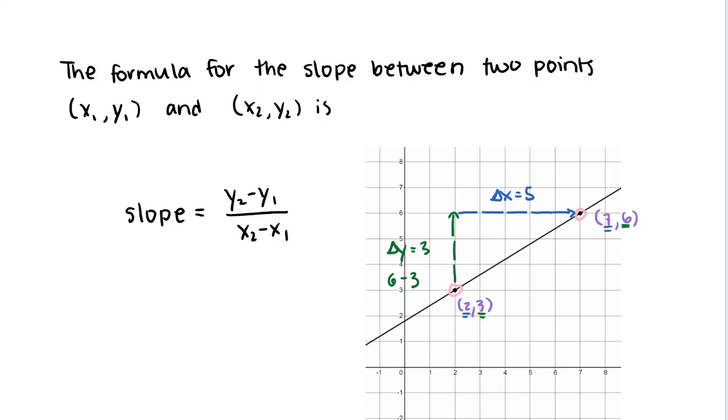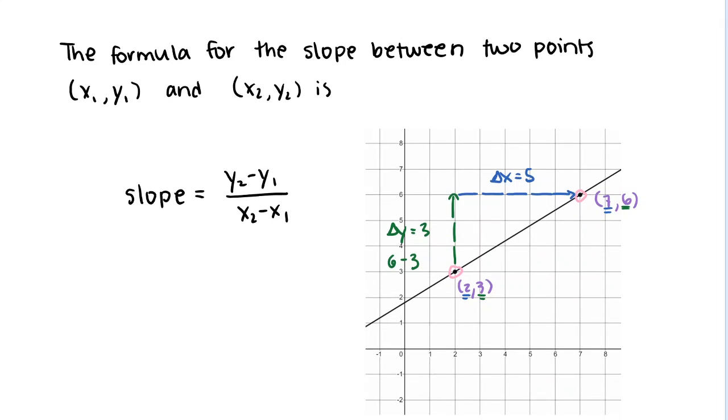And so in general, when we want to compute slope, we're going to need 2 points. Right? One of them is going to have an x value and a y value. And there's going to be a second point with an x value and a y value. And to really distinguish these 2 points, we might call the point on the left the first, we might say that's the first x value, and this y value here, that's the first y value.